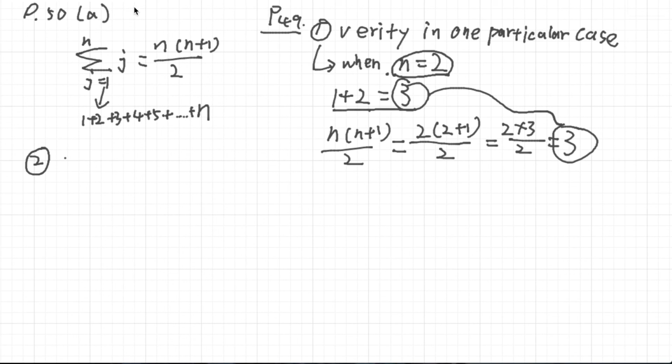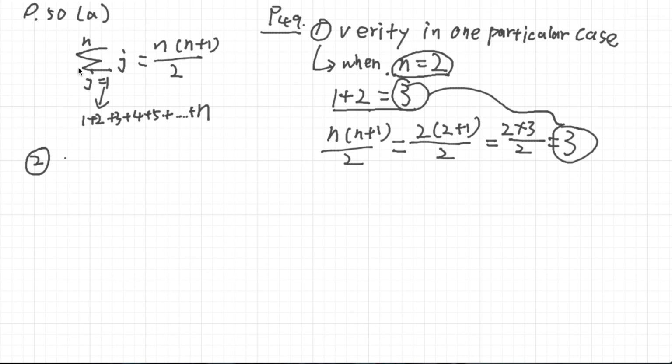But keep in mind that the n that we're going to use in step 2 is going to be different from the n that's here. Because our ceiling, our last term, is becoming 1 higher. Instead of being 1 plus 2, it could be 1 plus 2 plus 3, or 1 plus 2 plus 3 plus 4. In each case, the limit n is becoming 1 greater.